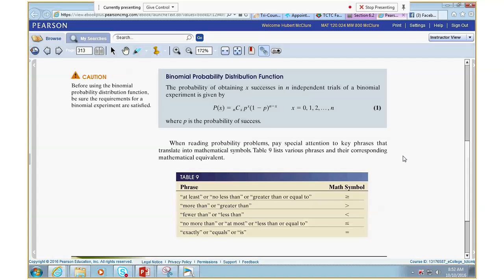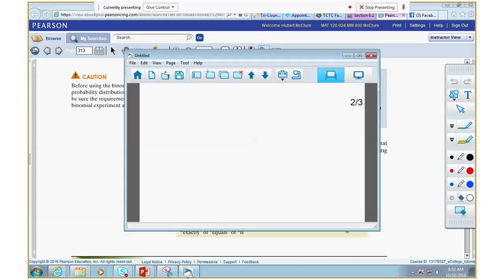X is the times I asked you to flip it again. So N are the trials, and X are the successes. A coin has been flipped 100 times with a probability of heads equaling 0.3.